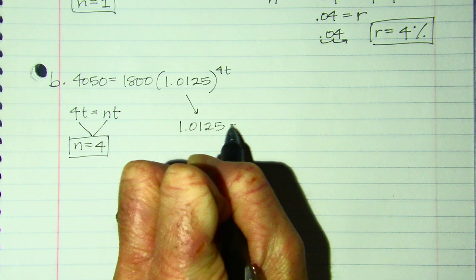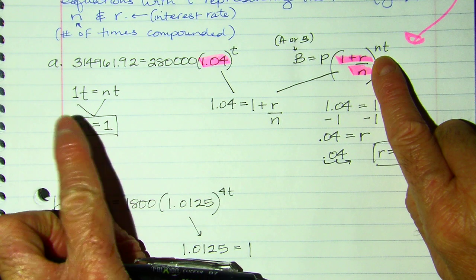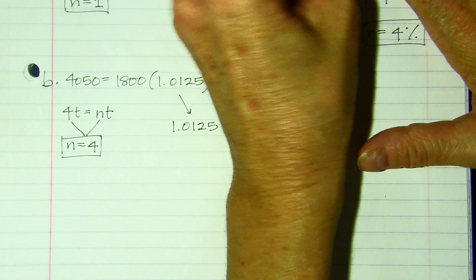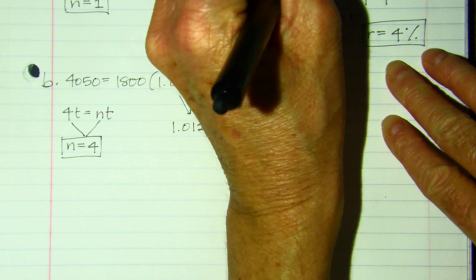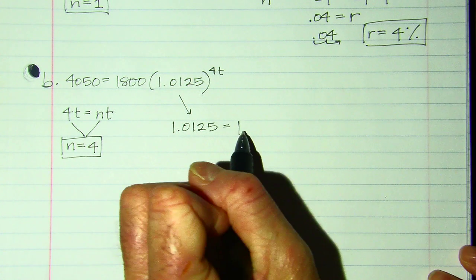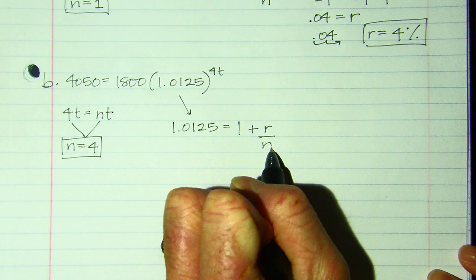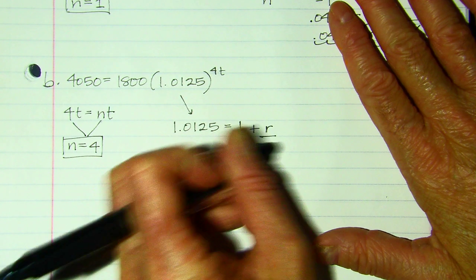Now I know this part inside, 1.0125, has to represent the inside of my parentheses, right? So I found the exponent part here. Now we're looking at the inside of our parentheses. So 1 plus r divided by n. Now we just found n, so I'm going to plug that in here.